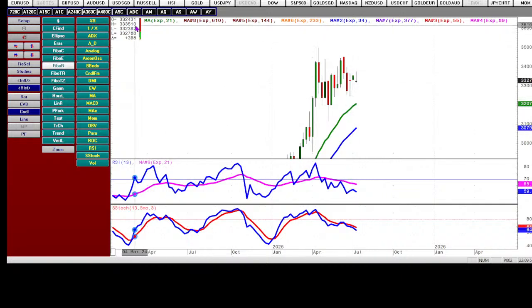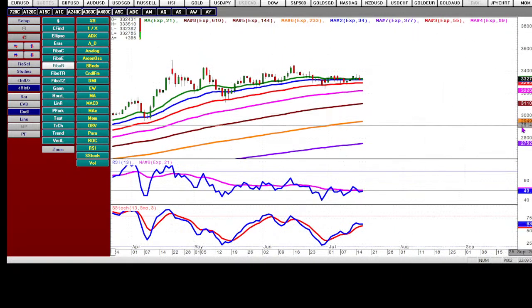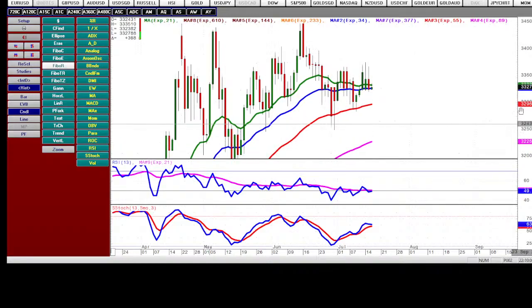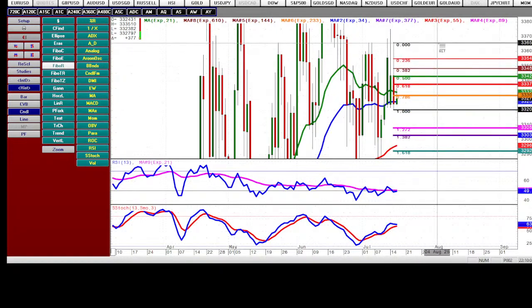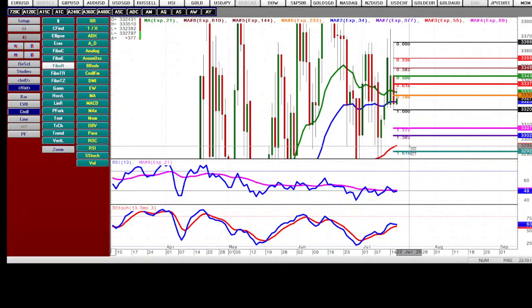Then if you go on to the daily, yesterday was a down day, but still within the congestion. So if you're looking for a day target, we are looking for somewhere near 3308 and 3303. So that should be your day target, which we'll take as 3303.